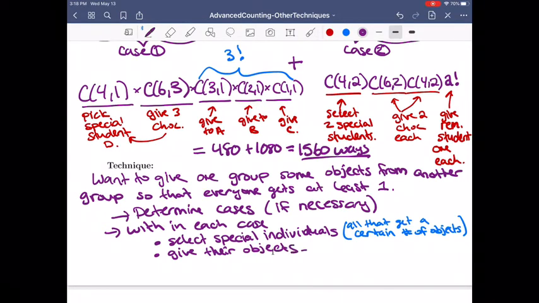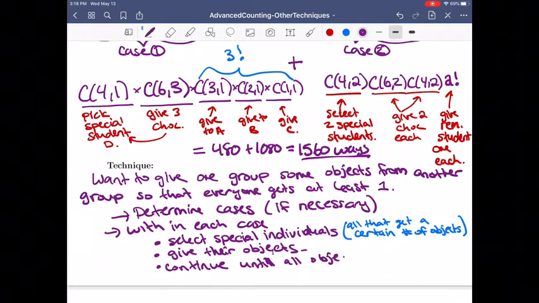And then you want to continue doing this until all objects are given. So that's a description of what's going on here. Hopefully the example is helpful.